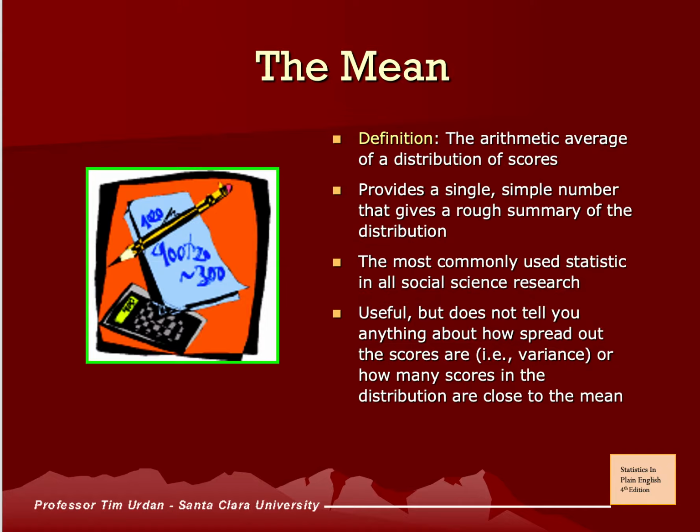So the mean is not accounting for how spread out things are or outliers in the data set. So this is why we sometimes have to question, should the mean be used, especially if it's not really in the middle of the range. So this is somewhere where we have to start asking questions and say, well, how far apart are the scores and what numbers are they between? And these are the places we start asking additional questions.